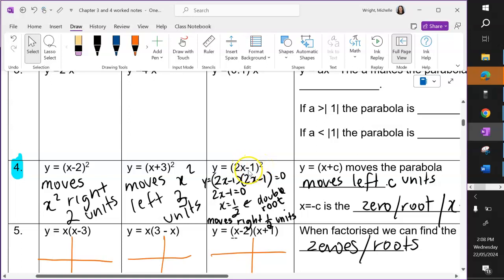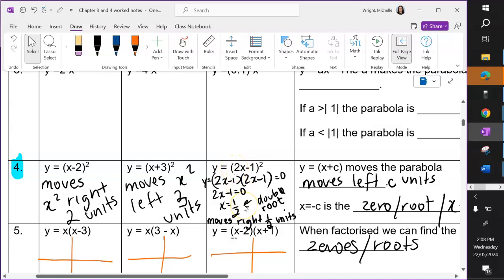We know it's going to move it to the right, but it's not going to move it to the right by 1. So if you just set that bracket to 0, what we're going to end up with is x is a half. It's a double root, so it's going to move our graph 1/2 units to the right. So just be noting what happens when that 2's out the front.